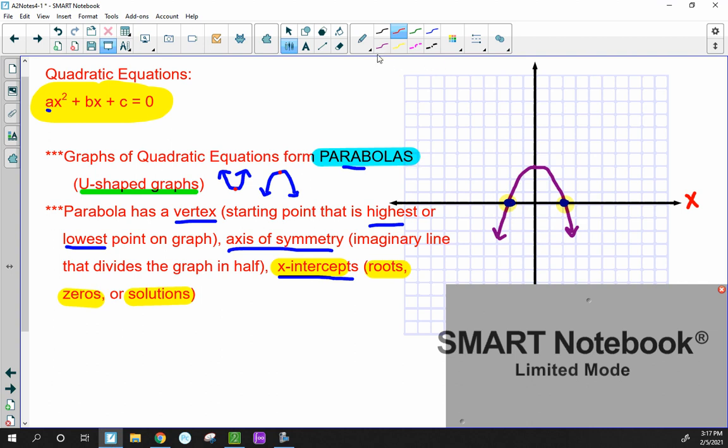In this particular picture, the vertex, which is the highest point, since this parabola is turned upside down, would be this location here. So the vertex for this picture would be the location 0, 3.